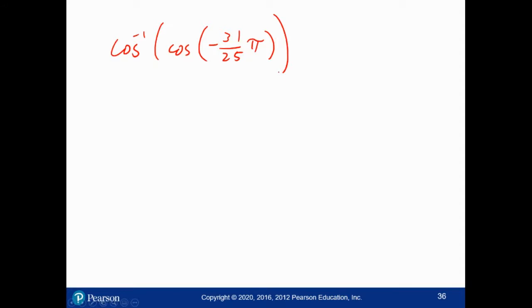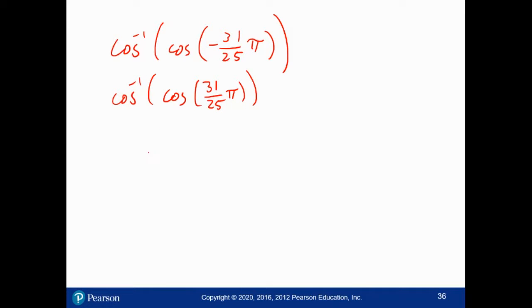Okay, totally weird angle. But it's definitely not in between 0 and pi. Well, the first thing we can do is use the even-odd properties of cosine, specifically it's even, and say, well, that's just going to be the same as 31 over 25 pi. But that's still not in 0 to pi.